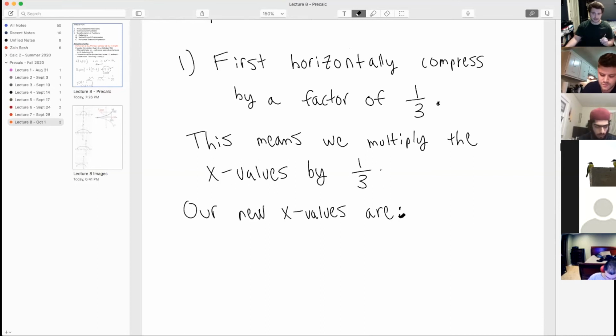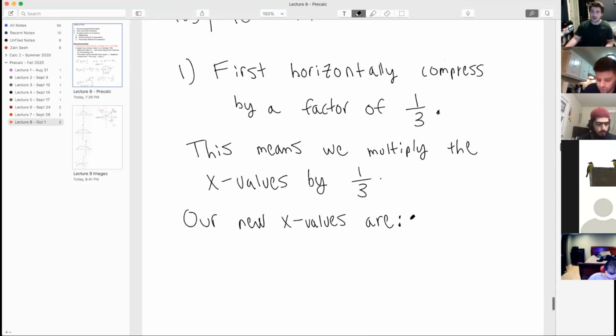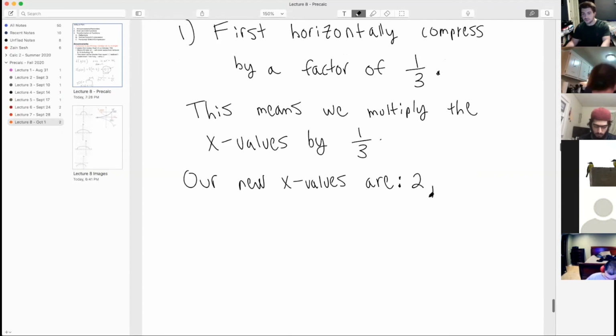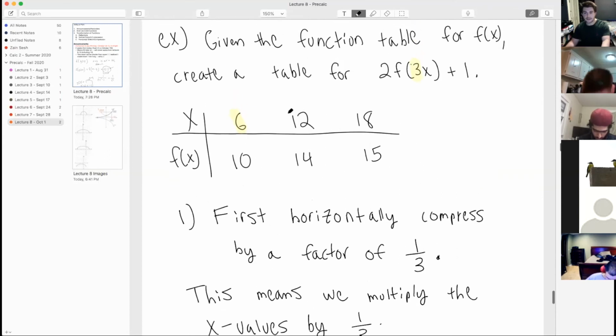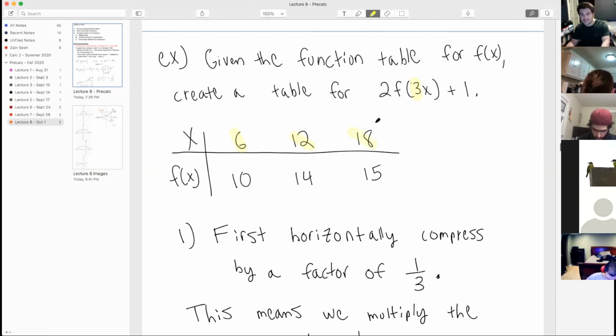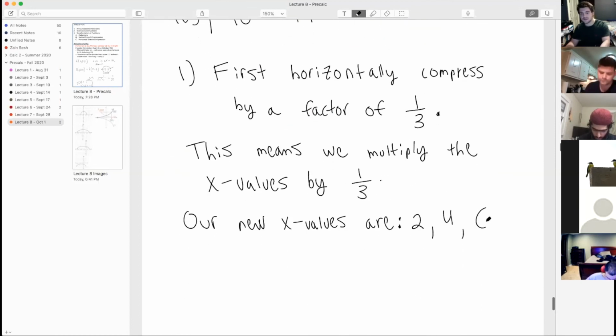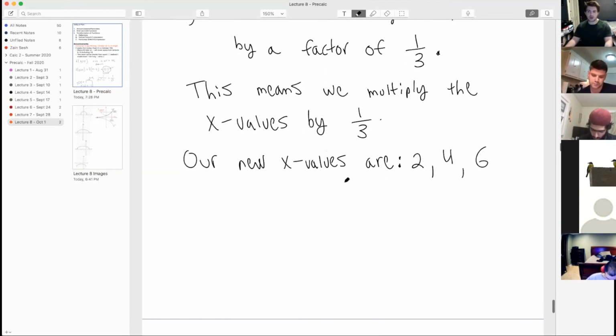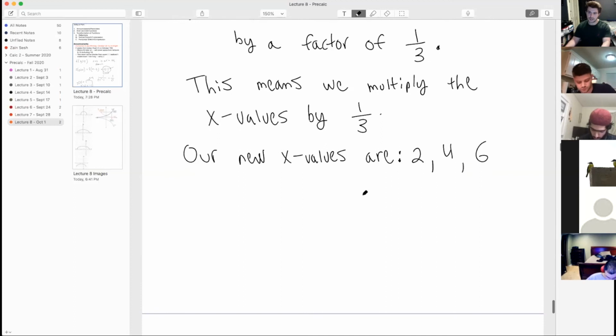Algebraically, that means we multiply our x values by 1 over 3, which is the same as just dividing by 3. So I do 6 over 3, which is 2. I do 12 over 3, which is 4. And I do 18 over 3, which is 6. Good? So here are our current x values, okay?